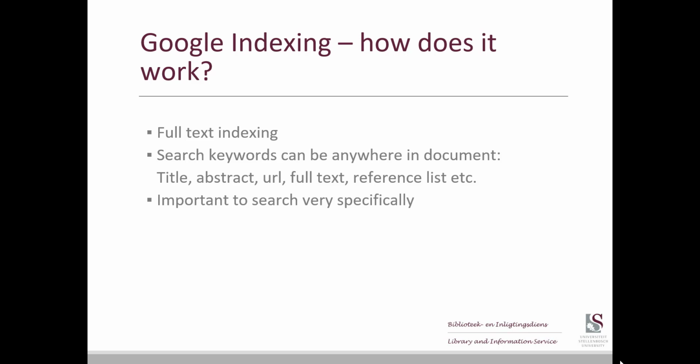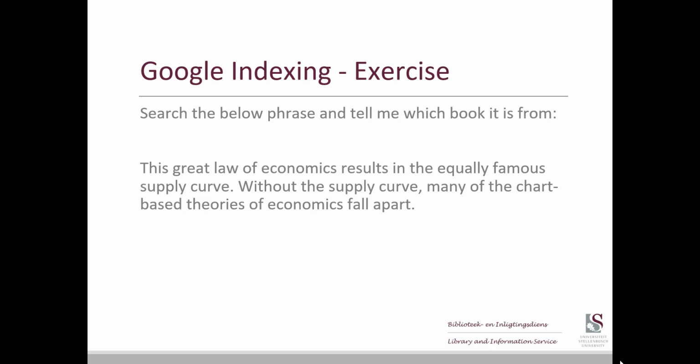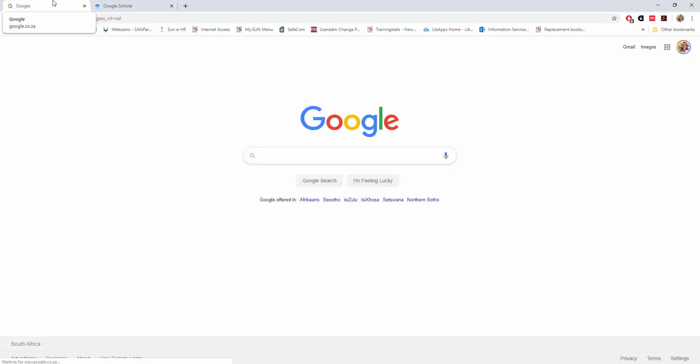So the first indexing exercise I want to show you is that you can take a phrase and search it, and it will be able to tell you where it comes from, because obviously it has now web crawled through and tried to put everything together. So we're going to take this phrase and see which book it's from. Starting from Google, we can paste in our search phrase.